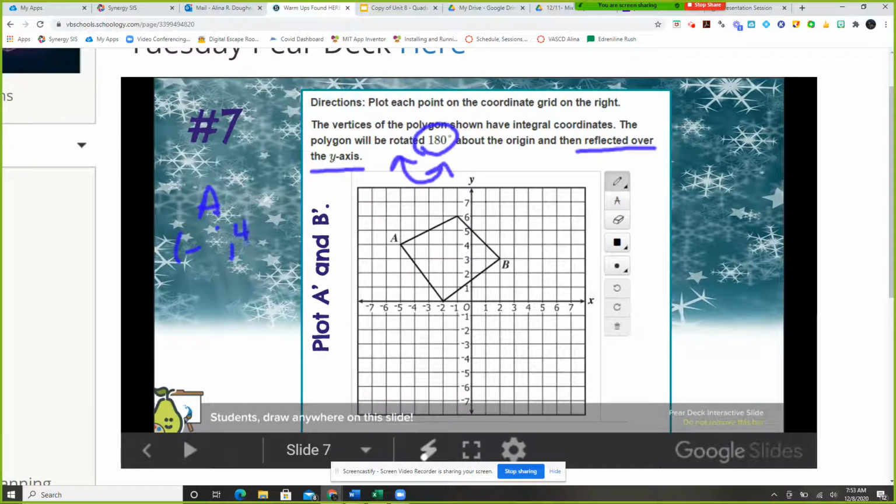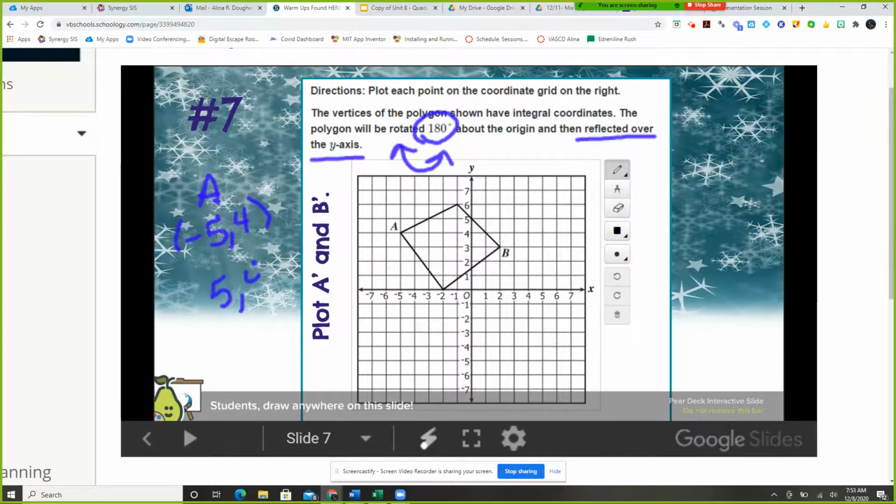-5 and 4. I don't know where my 5 went, right? So if I switch to go into quadrant 3 and then switch back to go into quadrant 4, they're going to stay 5, 4. But quadrant 4 has plus minus as its pattern, right? So +5, but -4. +5 and -4.